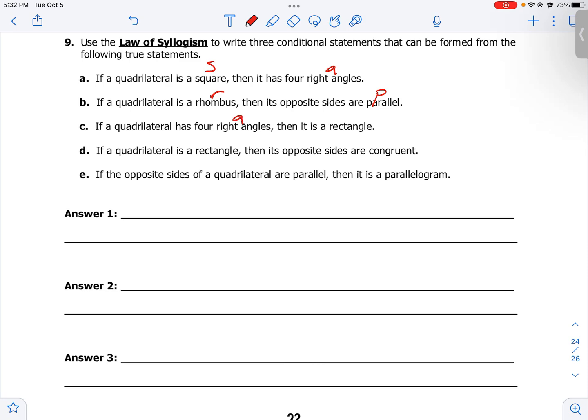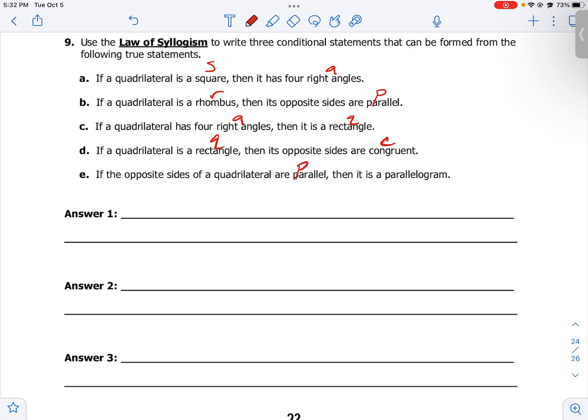If a quadrilateral has 4 right angles, then it is a rectangle. I'm going to do a Q, because you can also call a rectangle a quadrangle, like a triangle, but instead of 3, it's got 4, quadrangle. If a quadrilateral is a rectangle, Q, then its opposite sides are congruent, C.